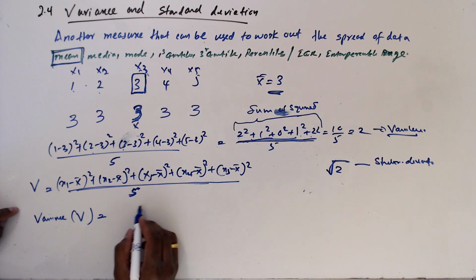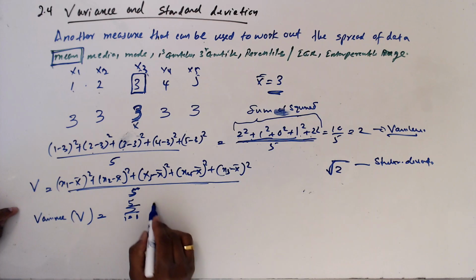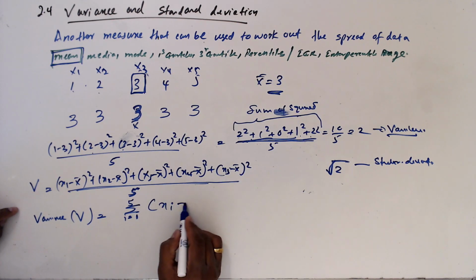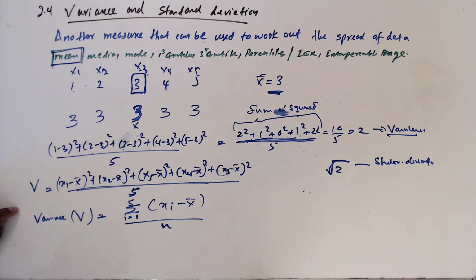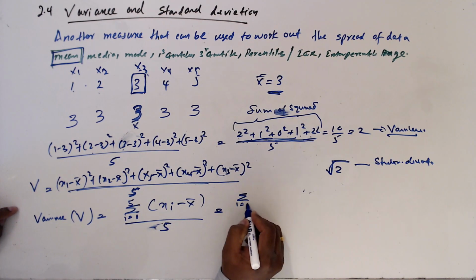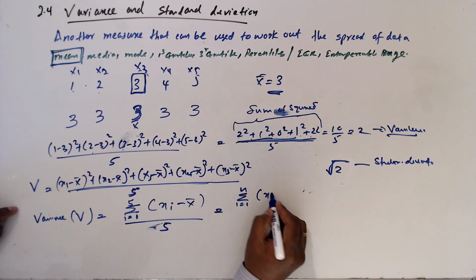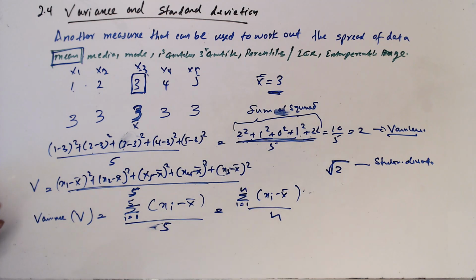So I can write this one: sum from i equals 1 to 5 of xi minus x bar, squared, divide by n. So sorry, divide by 5. And in general, sum from i equals 1 to n of xi minus x bar squared, divided by n, for any number n.